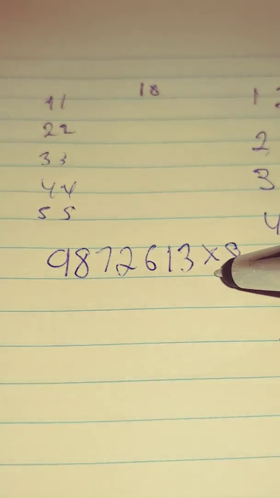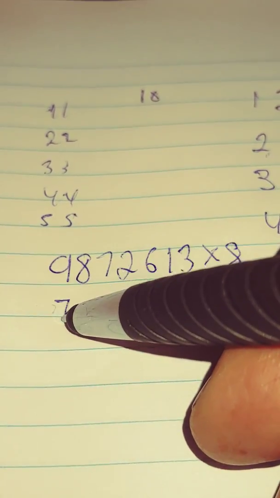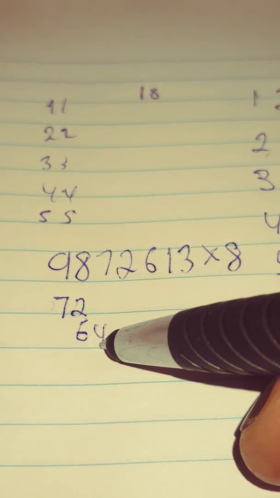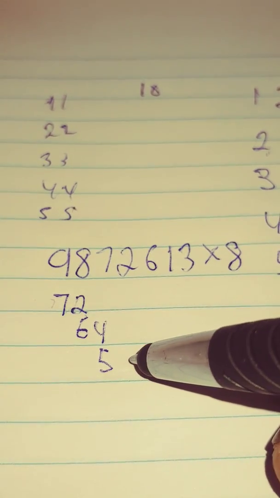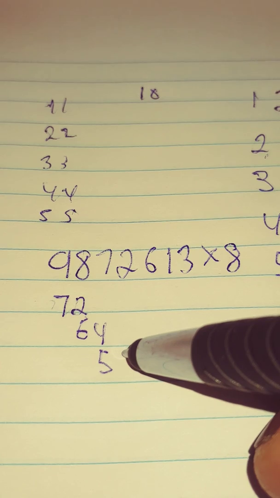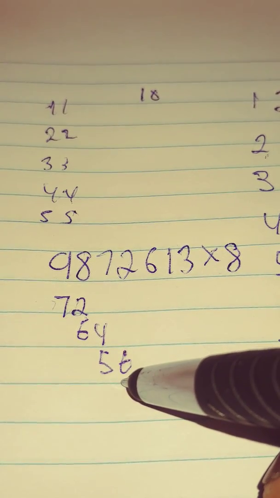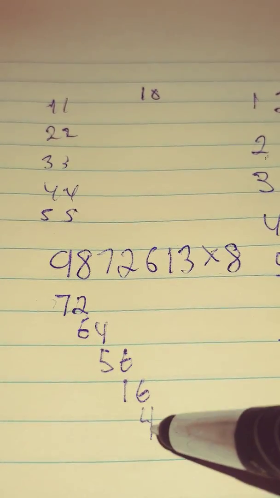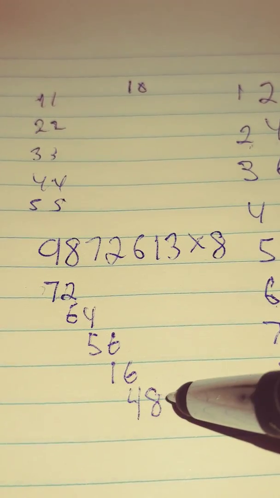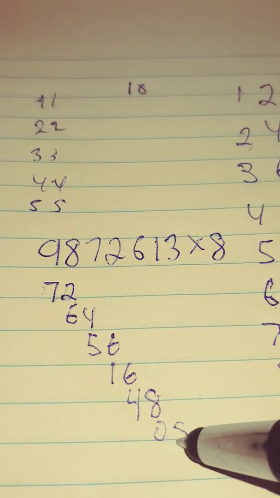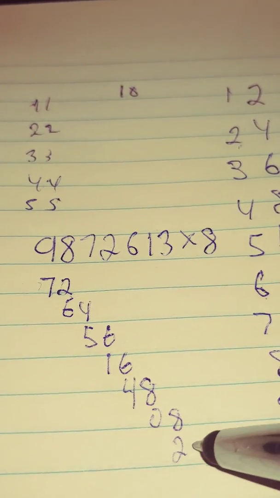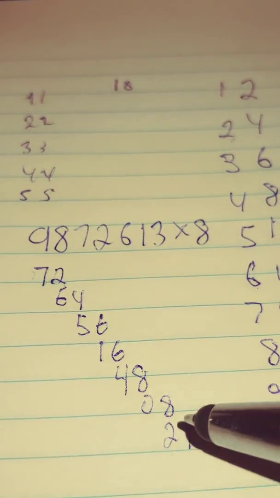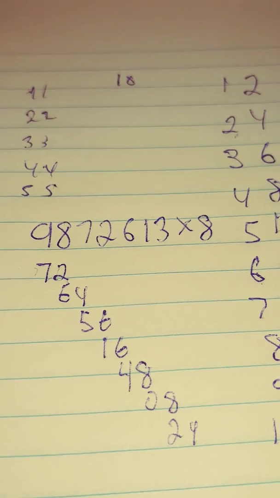But if you know your 8 tables, you simply go 72, and you go 64, and you go 56, and then you go 16, and then you go 48, and you go 08, then you go 24, and you add it up. Okay, you can add it up, and it's simple to do.